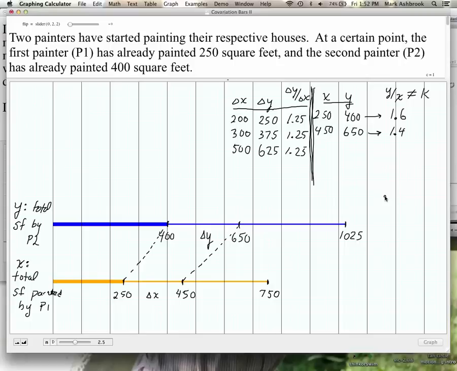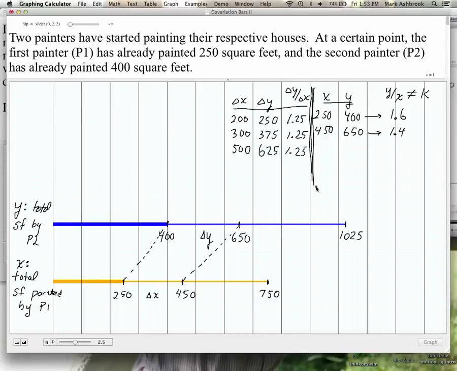The test for constant rate of change between two quantities is if their changes maintain a constant ratio. So it's about Y and X changing at a constant rate with respect to each other. We're doing all this with the changes, but it's about those original quantities. I asked the right question, didn't I? Yes, it's about Y and X.